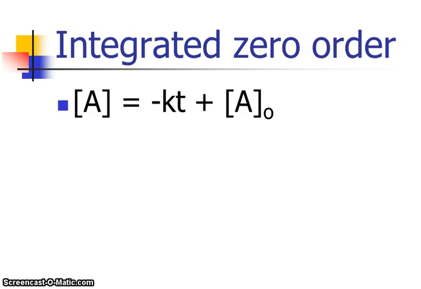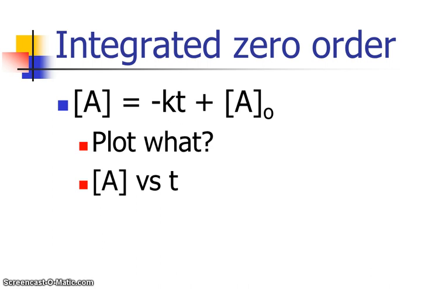Now, the integrated rate law for a 0 order. If we're told that the concentration of A equals negative KT plus the initial concentration of A for a 0 order, again, we've got y equals mx plus b. What would we plot? We would plot the concentration of A versus time.